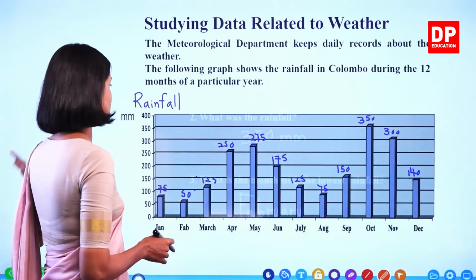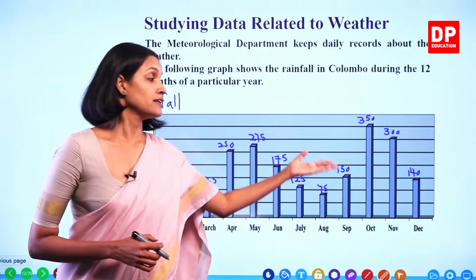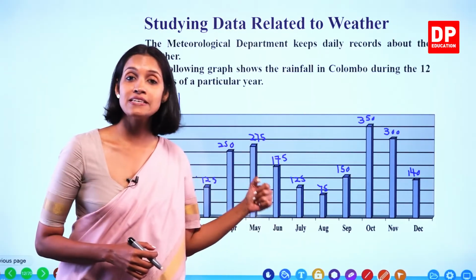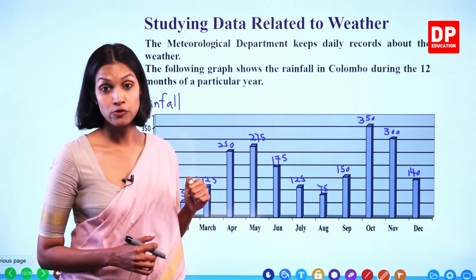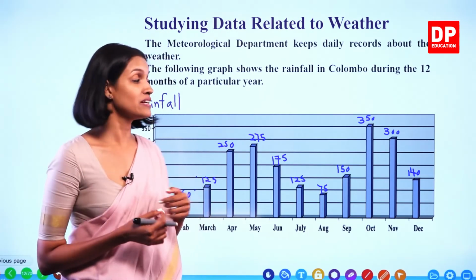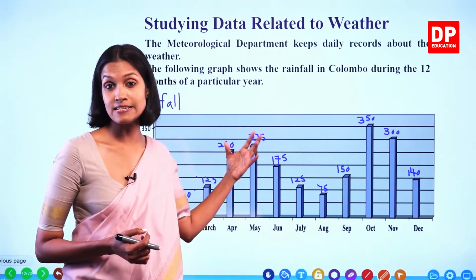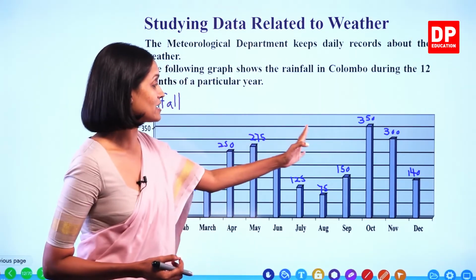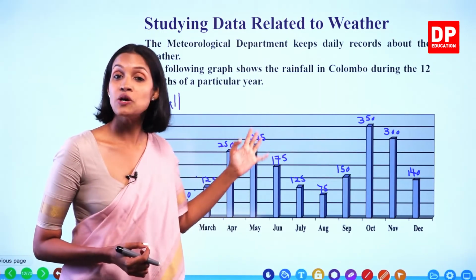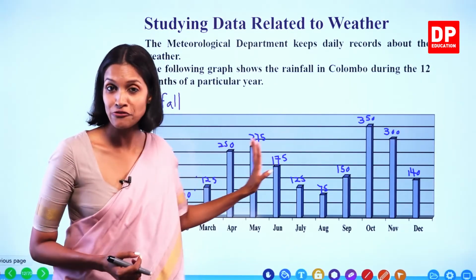So now it's very clear that when this type of data is represented using a graph like this, we can understand it better than earlier. Other than using figures, this type of bar graph is a very good way to understand these details better. Just by looking at the graph, we can understand where's the highest, where's the lowest, and what the months with similar rainfall are.